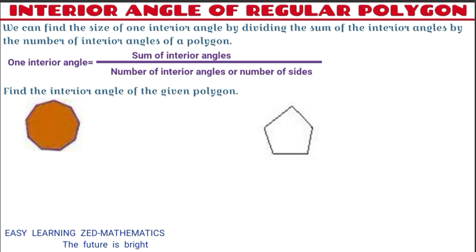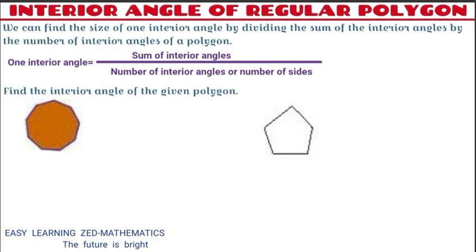Remember these are regular polygons, although the diagrams are not drawn to measurement, so you should bear with me. If one side seems to be longer than another, just know that these polygons are not drawn to measurements. However, we will take them as regular polygons.